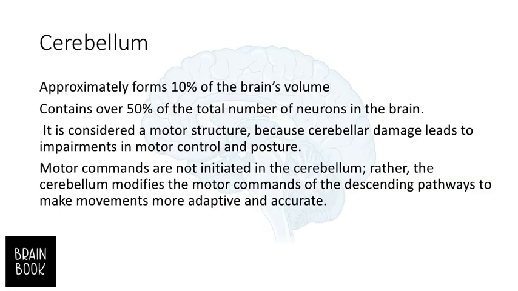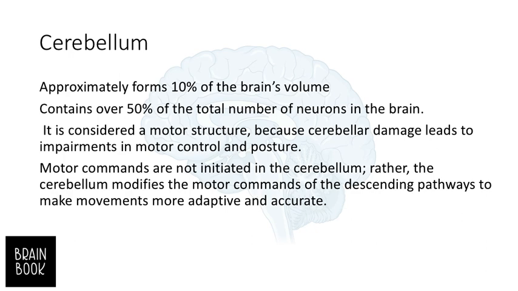The cerebellum forms approximately 10% of the brain's volume. But you should know that it is so dense and contains over 50% of the total number of the neurons in the brain.